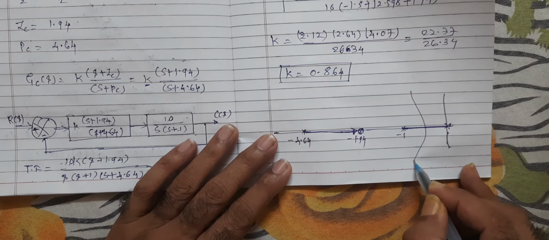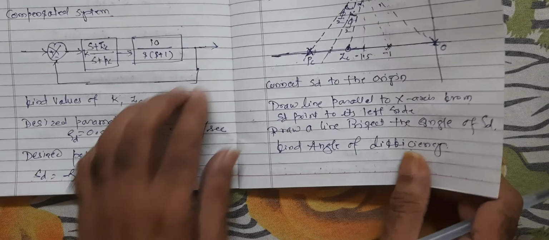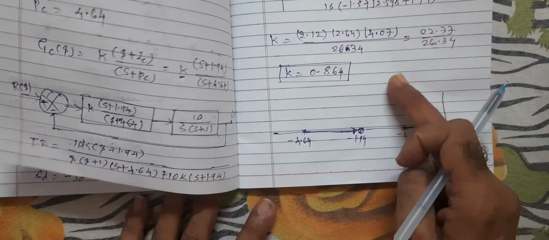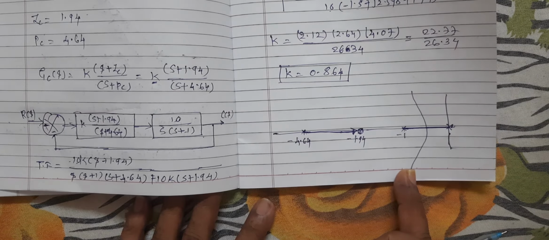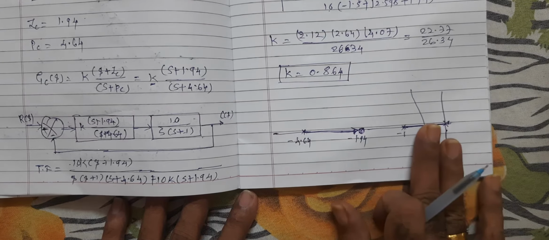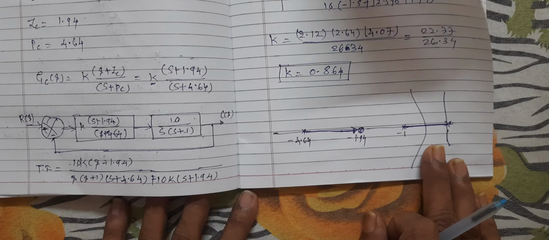See here, in the first case it was a straight line parallel to the y-axis. Now the shape has changed and it is shifted like this. So this is our root locus of the compensated system.